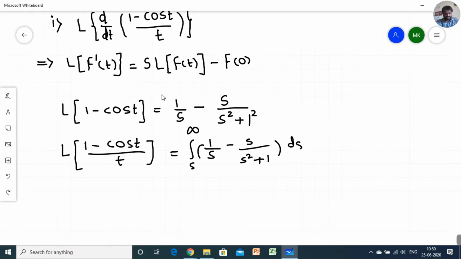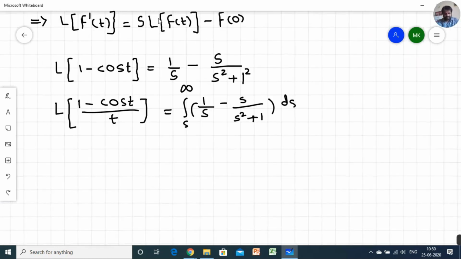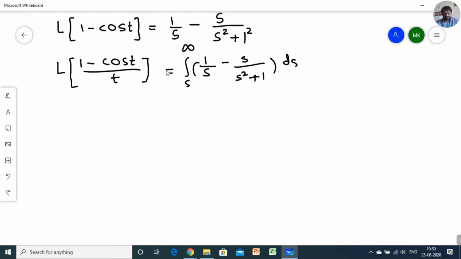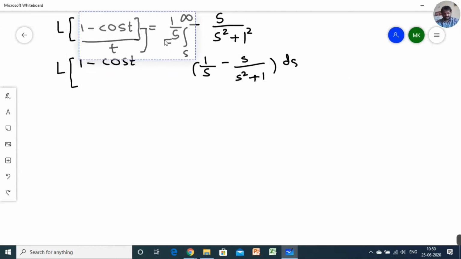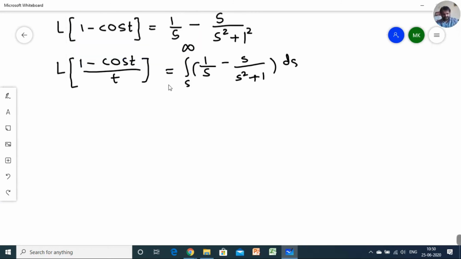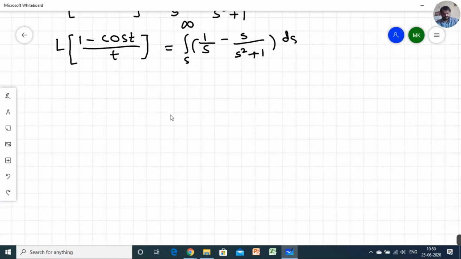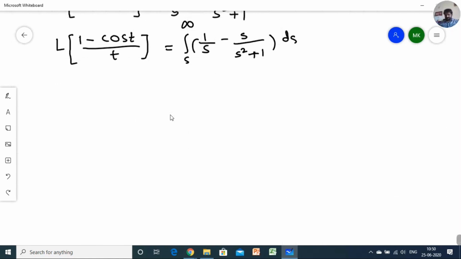Similarly, we already saw a few numericals on how to integrate such functions. So I'm just writing directly here, hope you will understand.